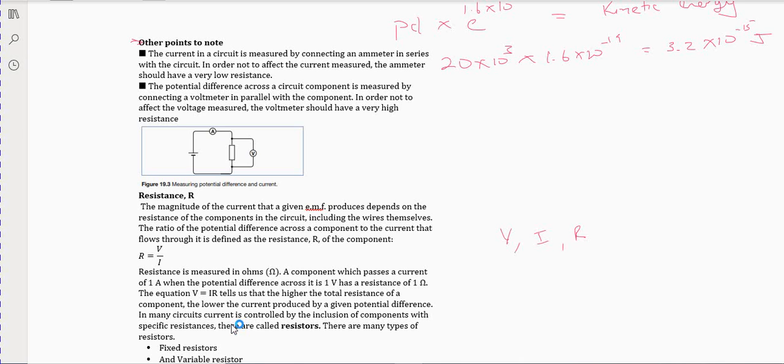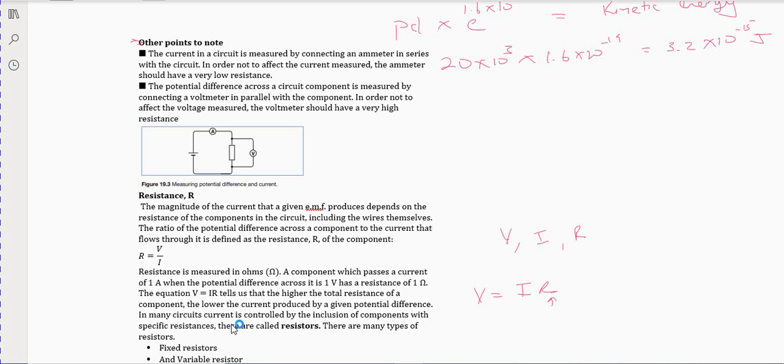What this tells us is that if V is equal to IR, the higher the total resistance is, the lower the current will be.